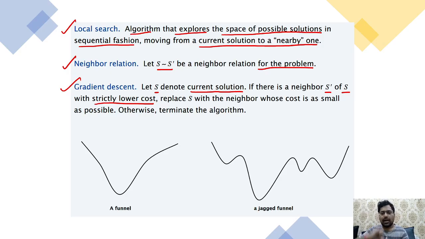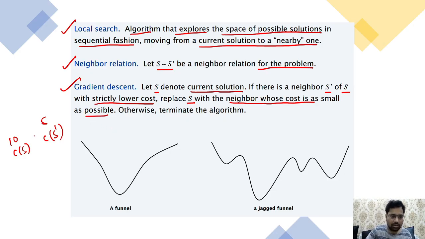If the current cost is 10, as I told you earlier in the first slide, and the neighbor to it has cost 5, then you replace S with the neighbor whose cost is as small as possible. So you can switch, and the neighbor cost becomes the current cost. Otherwise, we terminate the algorithm.